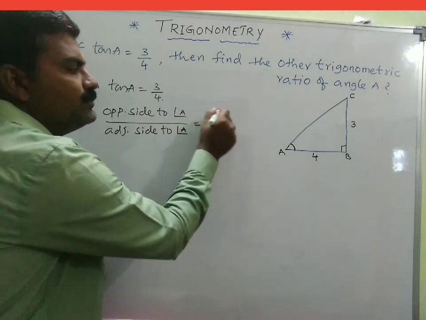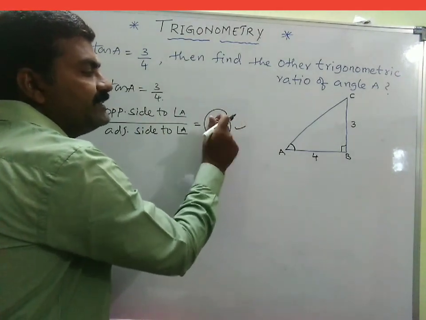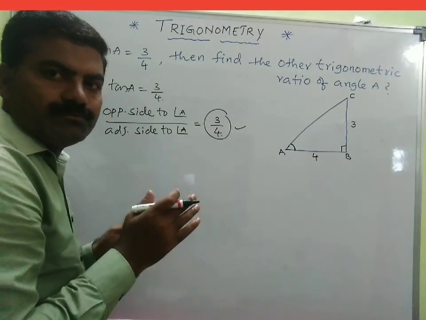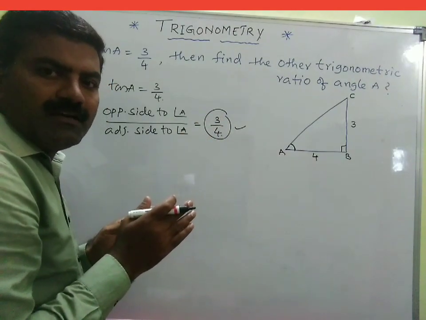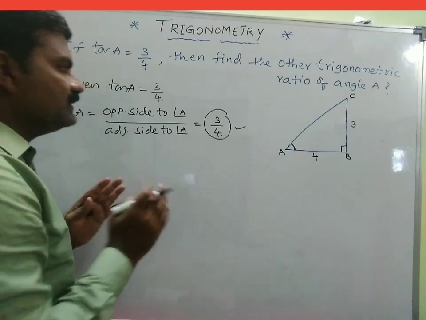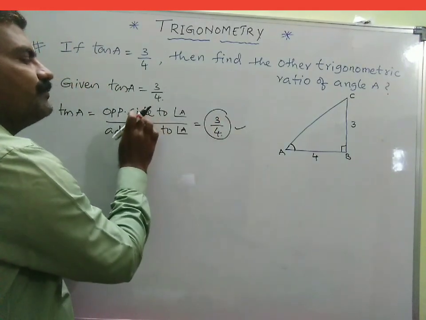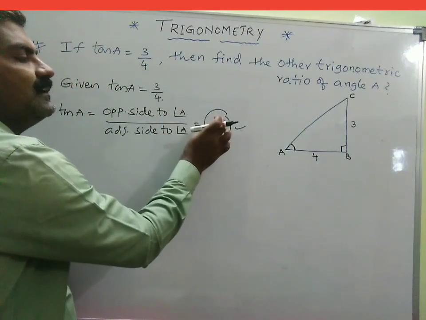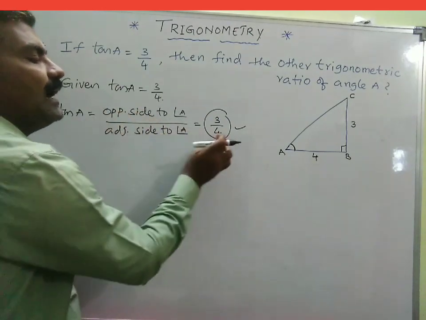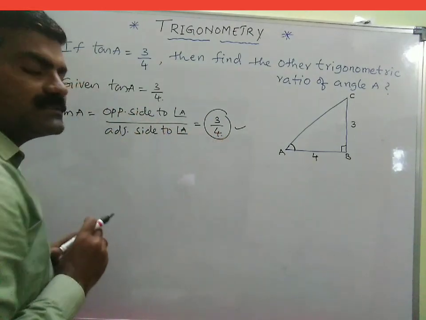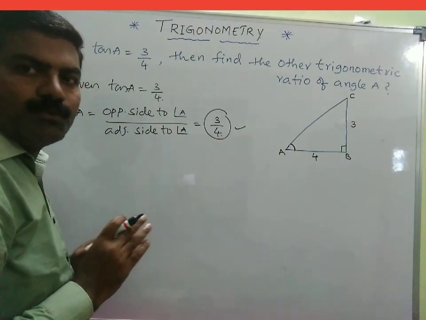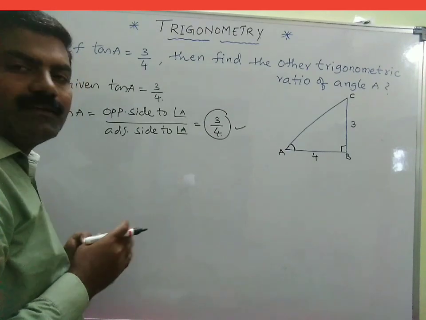But please, my dear, you need to remember that this 3 by 4 is the ratio. This 3 by 4 is the ratio, but 3 is not the length of the opposite side and 4 is not the length of the adjacent side.